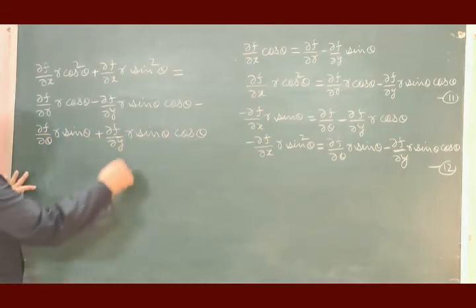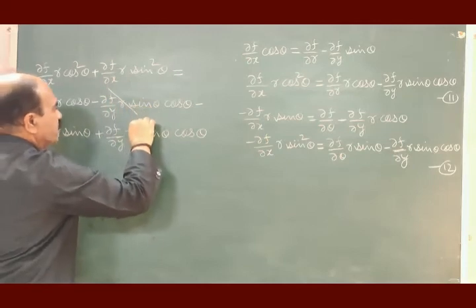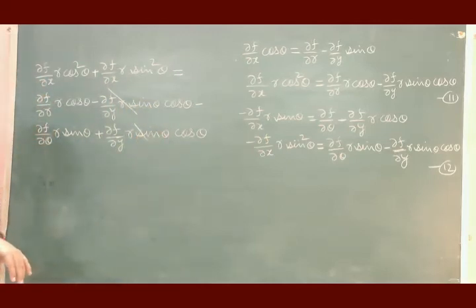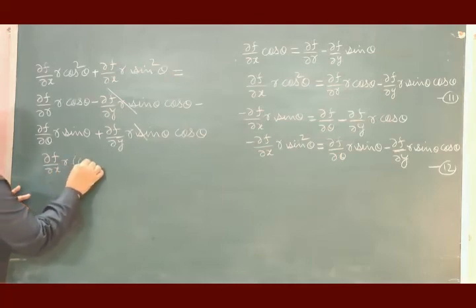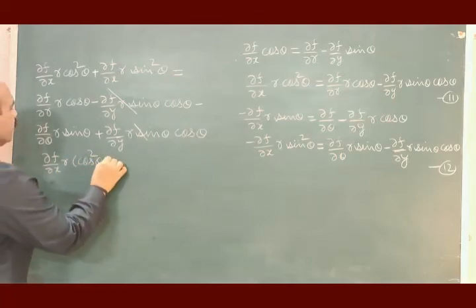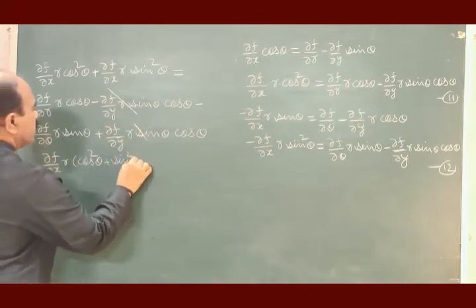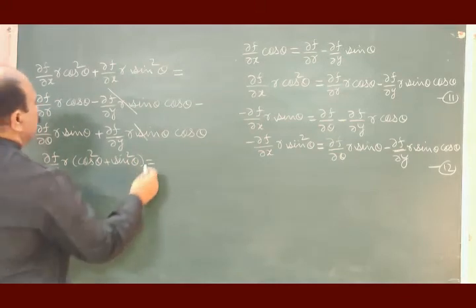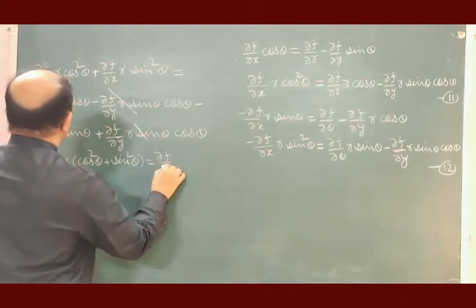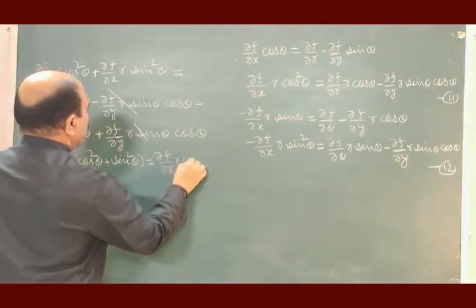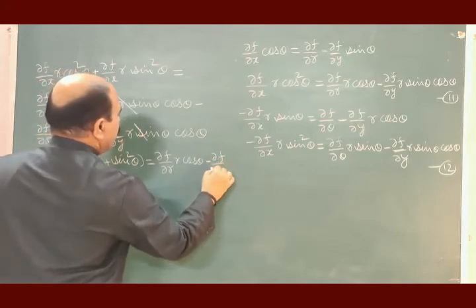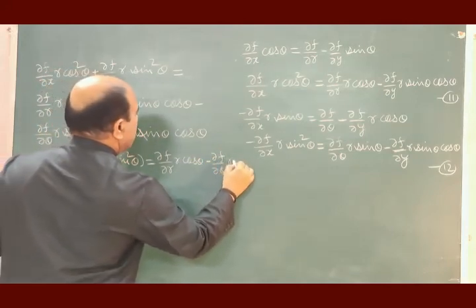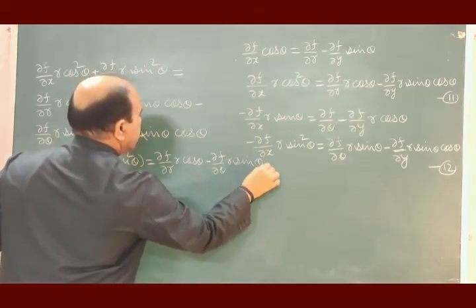These two terms are the same and opposite, and therefore together they become 0, and what is left is dou f by dou x into r into cos square theta plus sin square theta is equal to dou f by dou r cos theta minus dou f by dou theta sin theta.